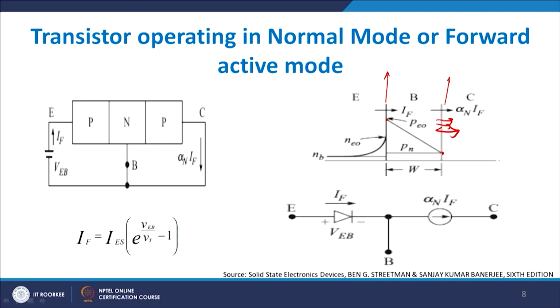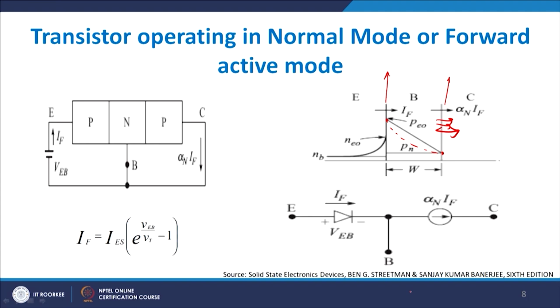But since you do have recombination in the base, ideally this will not be a straight line, but will be slightly bent, because of the recombination.